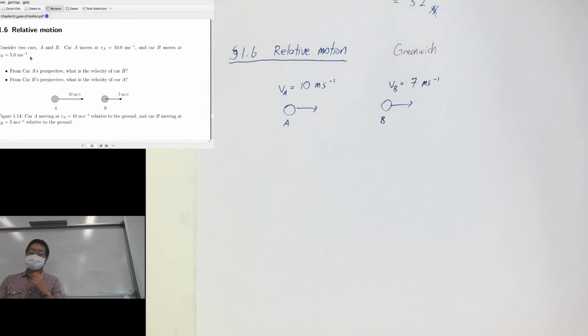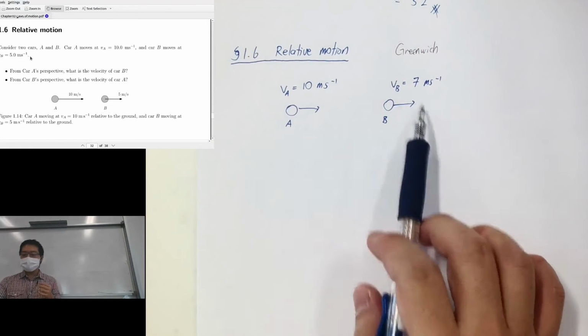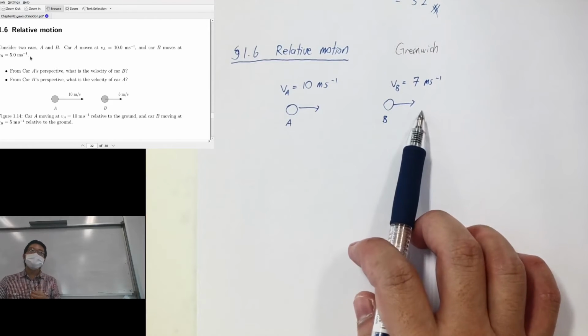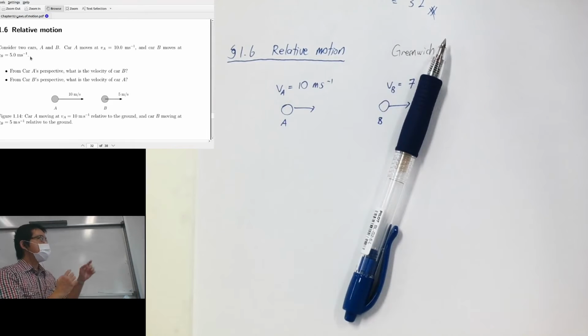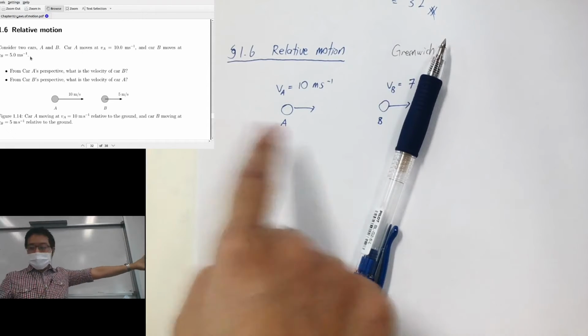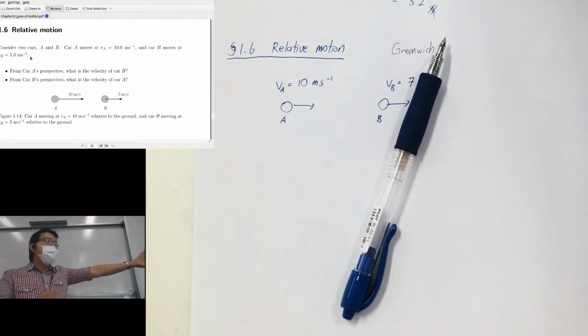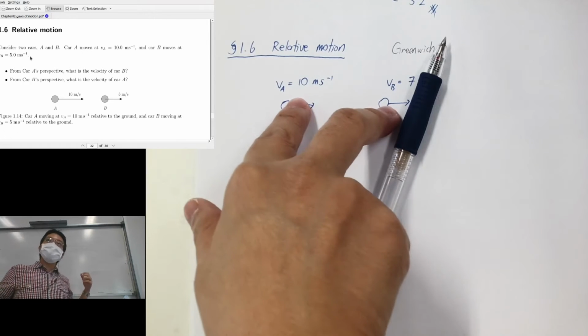Okay, so if you drive at this speed and this car is driving at this speed, what do you see, right? So if you're inside the car A, you will see car B. Because you are faster than B, car B will be moving closer and closer to you, as long as you're going faster. But relative to you, the car B will be moving towards you at 3 meters per second.